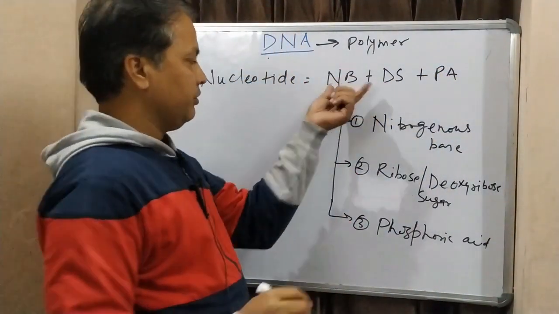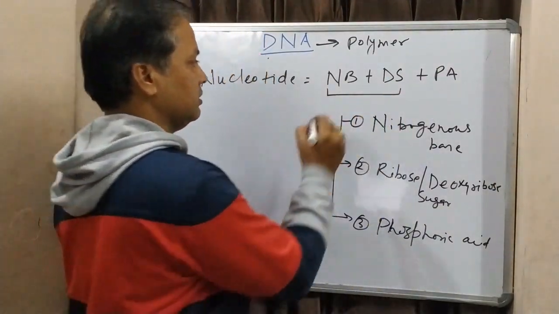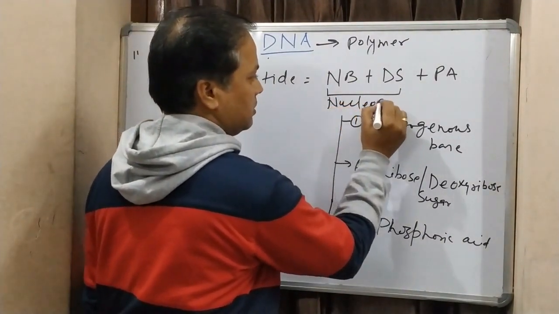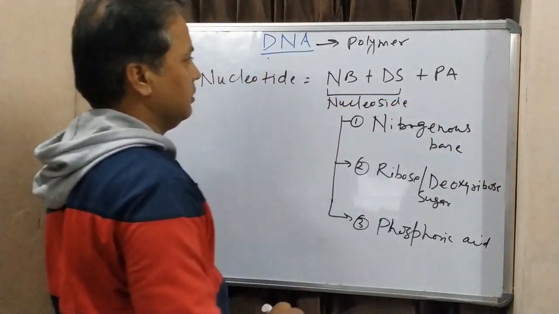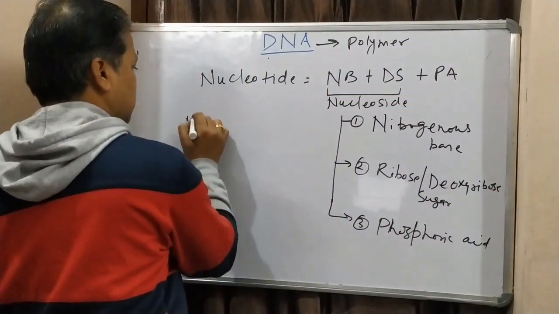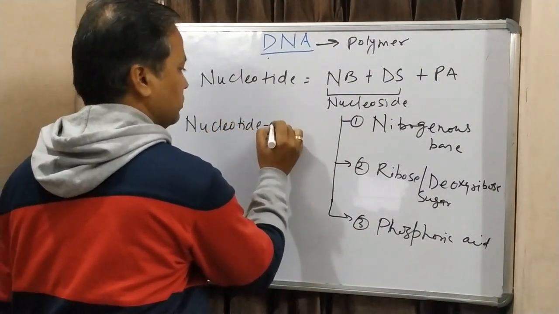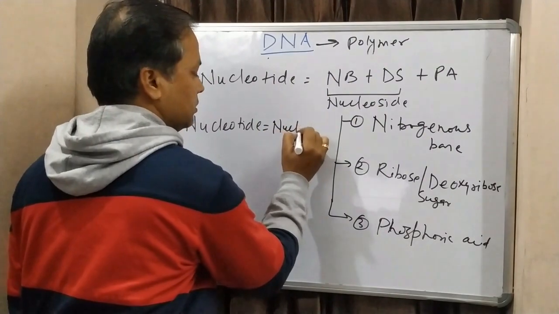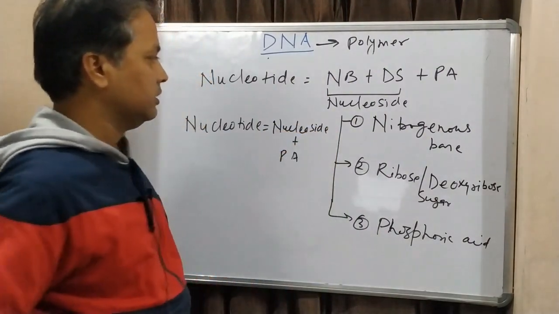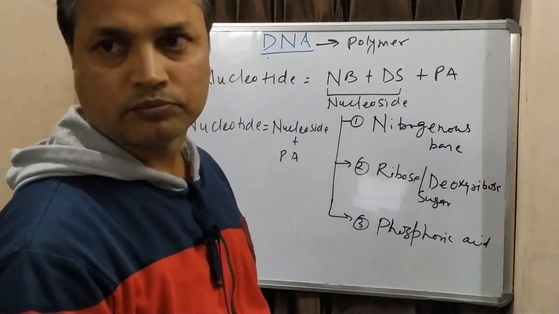When we have the nitrogenous base and the deoxy sugar together, we call it a nucleoside. So in other terms, nucleotide equals nucleoside plus phosphoric acid. We will see how this forms and how it occurs.